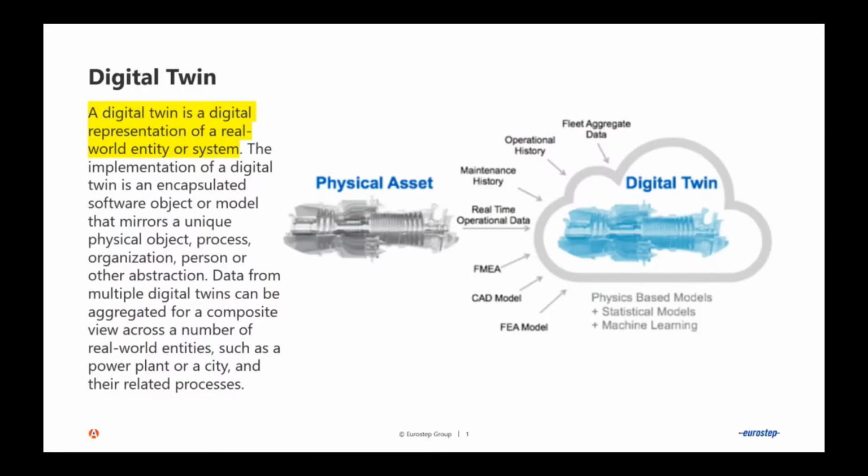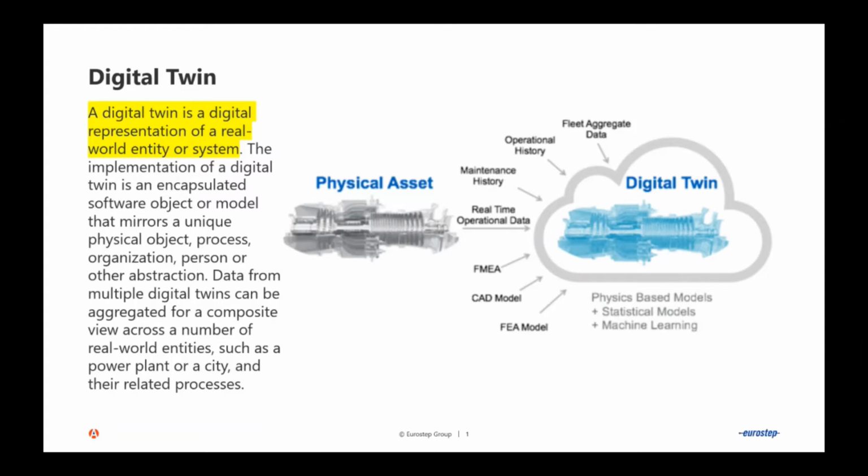It says that the digital twin is a digital representation of a real-world entity or system. I think it's very important that the physical asset contributes with live IoT data, sensor data, or conclusions drawn by edge computing of the physical assets.